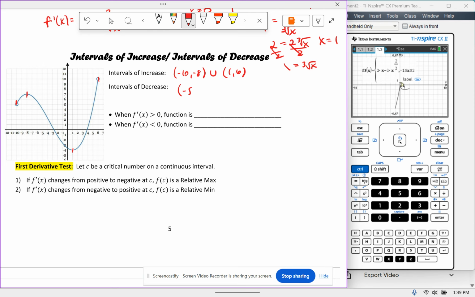There's just one. All right. So when the first derivative is positive, the function is increasing. When the first derivative is negative, the function is decreasing.